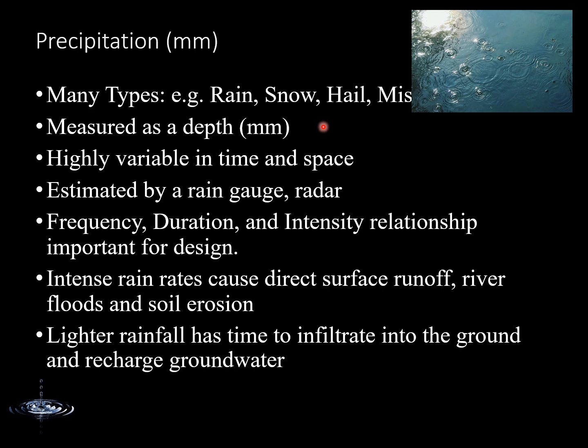So normally we have the standard measuring equipment, and we measure how much water is in that collecting equipment divided by the surface area. That will give us the depth of rainfall, which is the rainfall.